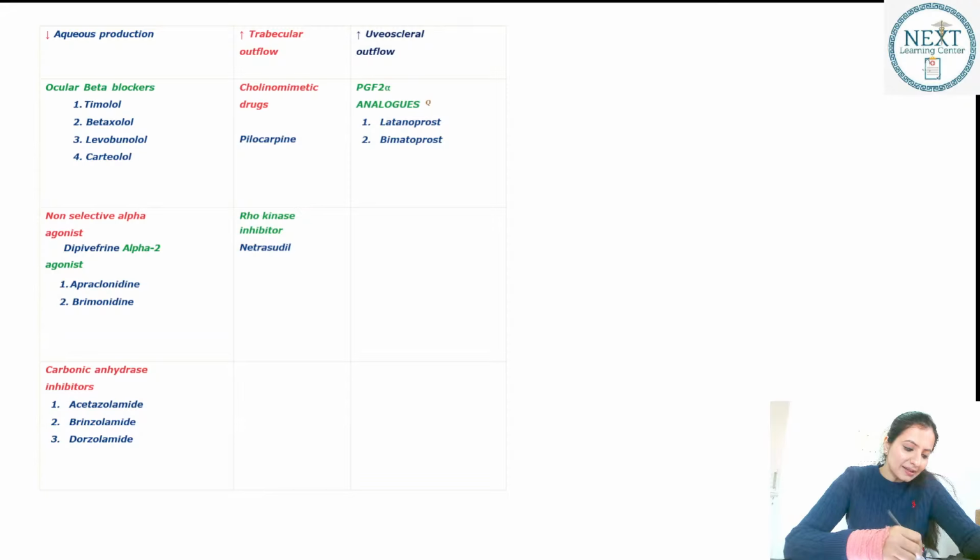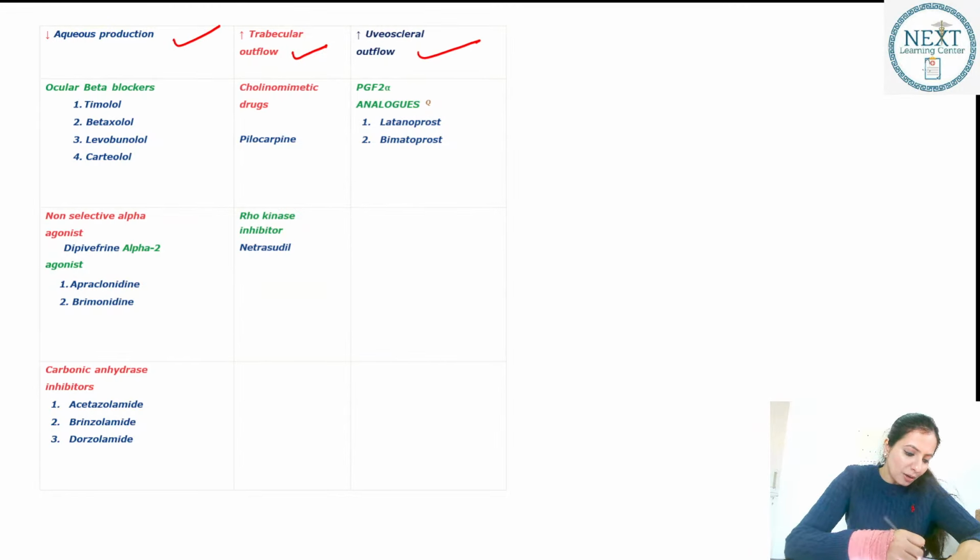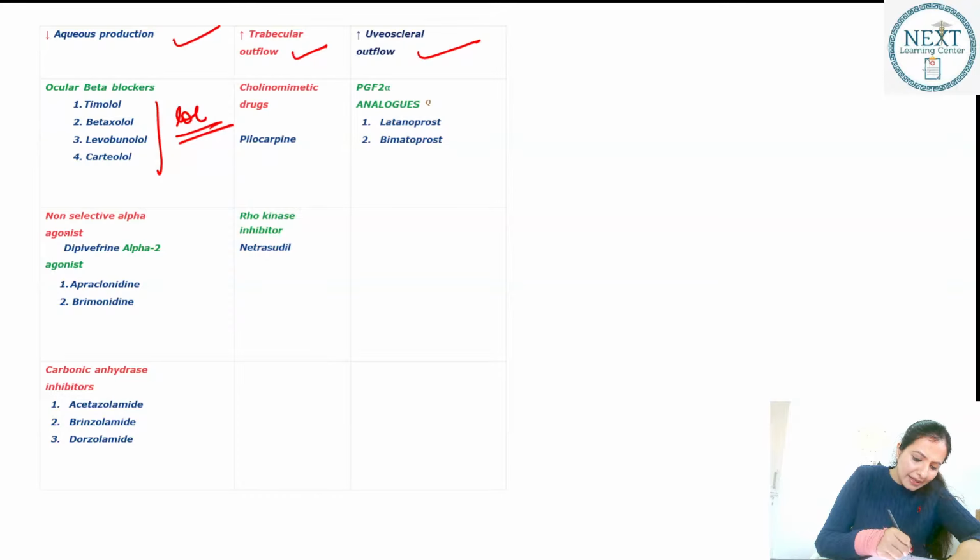So there are drugs that decrease the aqueous production, or the ones that increase either the trabecular outflow or the uveoscleral outflow. If we talk about decreasing production, we have the beta blockers. All the -lols are beta blockers. Then there are alpha 2 agonists, that are apraclonidine and brimonidine.